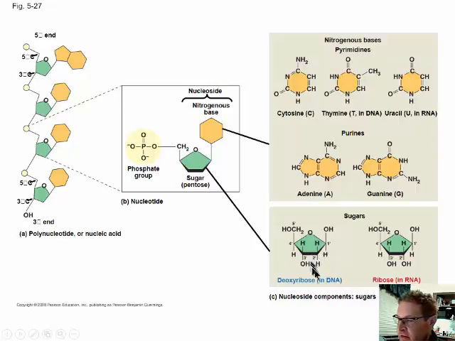Now, depending on whether you're in DNA or RNA, you have a slightly different sugar.